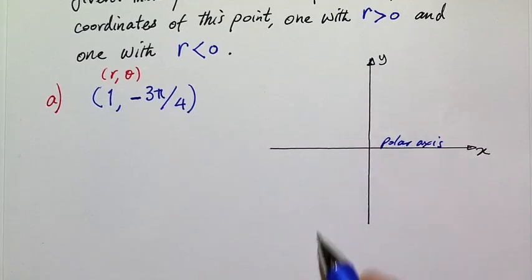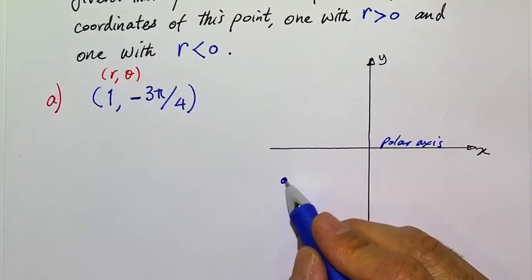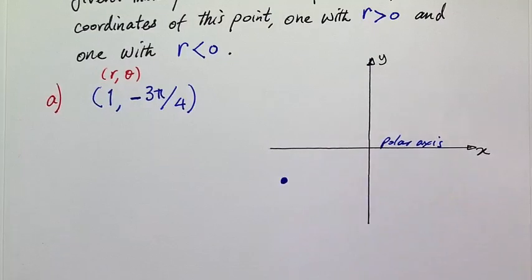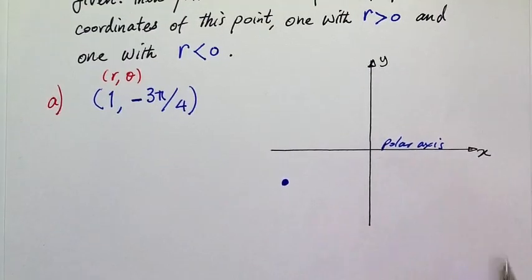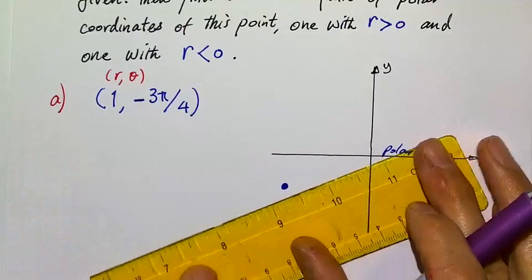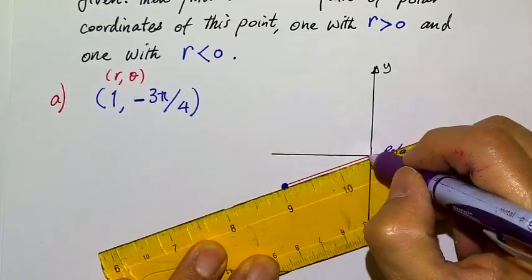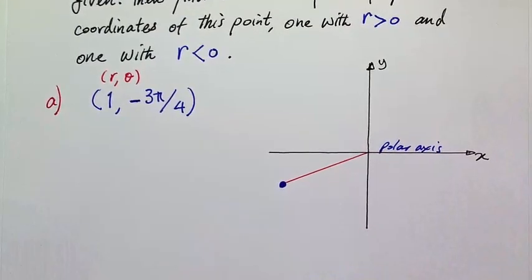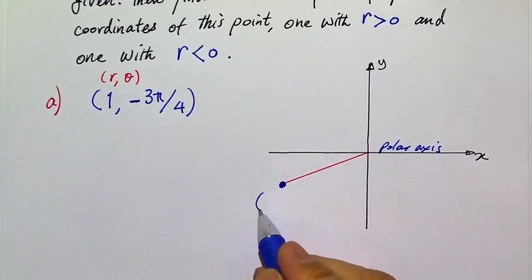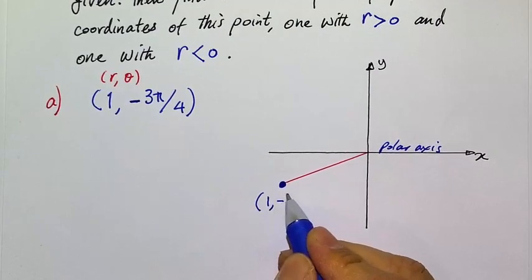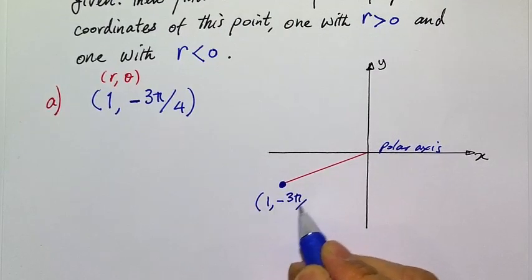So I'm going to just put a point here and connect it to the pole, or the origin, with a line, and identify that point as 1 comma negative 3 pi over 4.